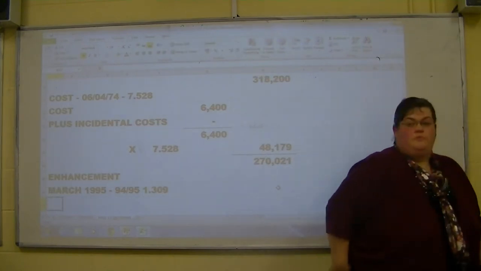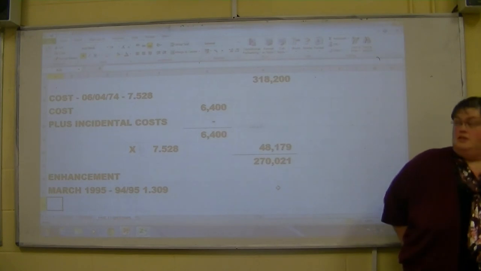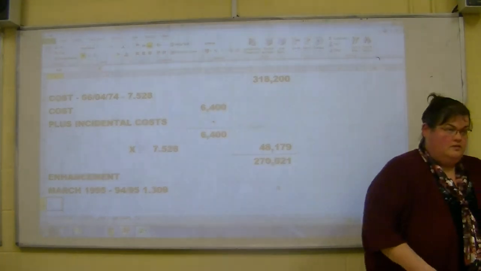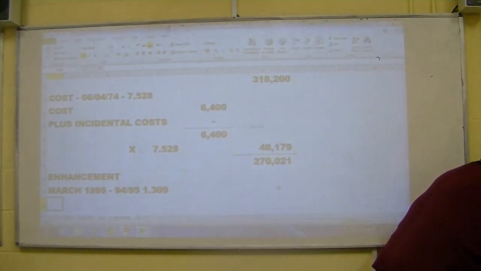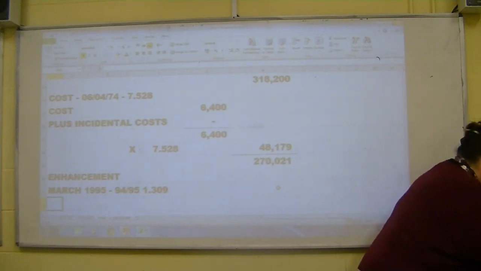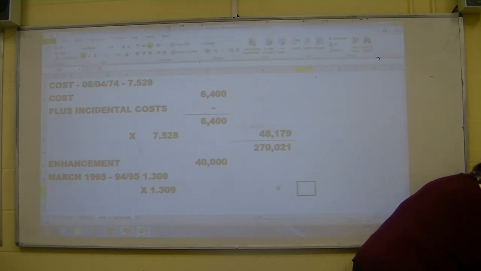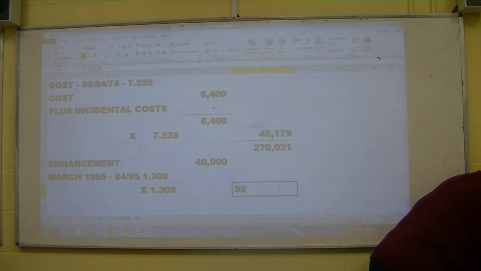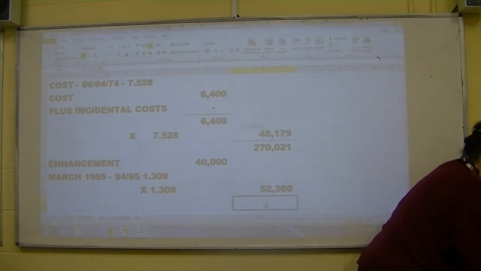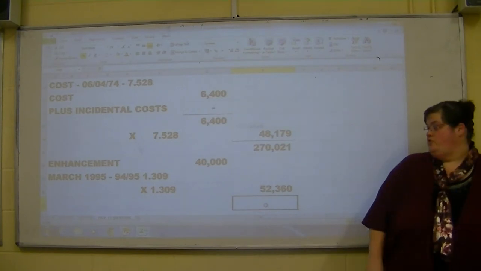So our enhancement is the 1.309 figure. So we'll have 40,000 multiplied by 1.309, which is 52,360.